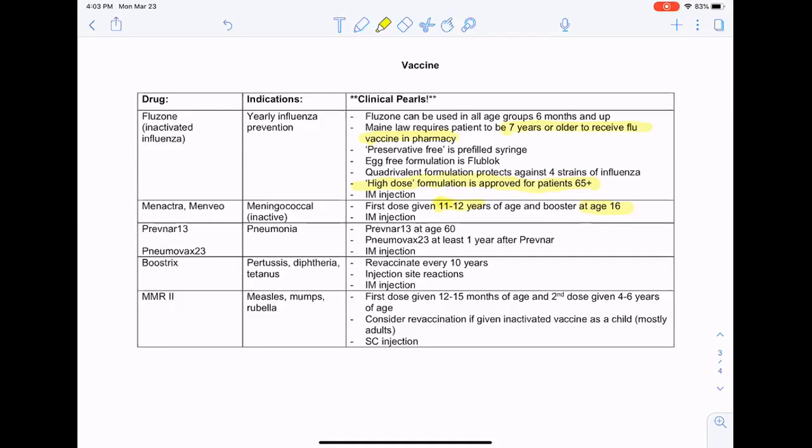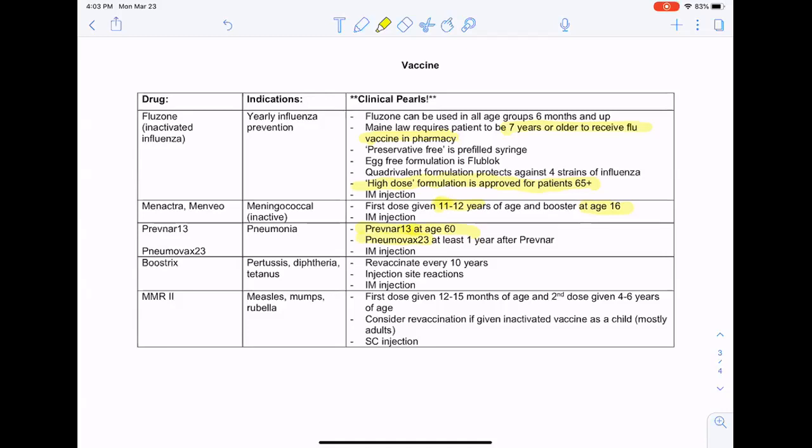So that's how I remember that Prevnar 13 is given first and Pneumovax is given 1 year after. So pretty easy. So know the order of those two guys, okay? Know the order and also know the age that you give the first one, okay? And this one is an IM injection as well, so an intramuscular injection.